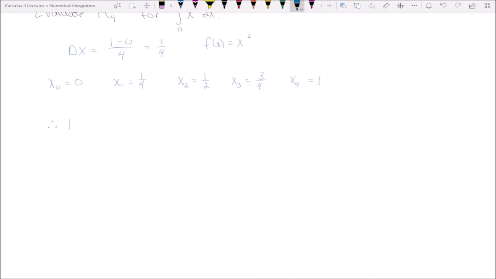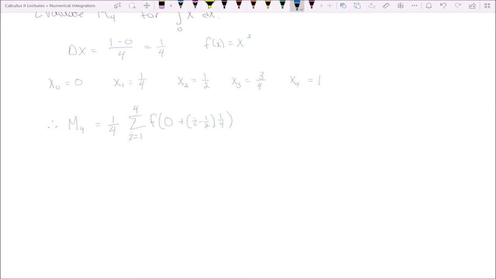Therefore our M4, remember, is delta x times the summation i equals 1 to n of f of m sub i, but m sub i was a, which is 0, plus (i minus a half) times delta x.